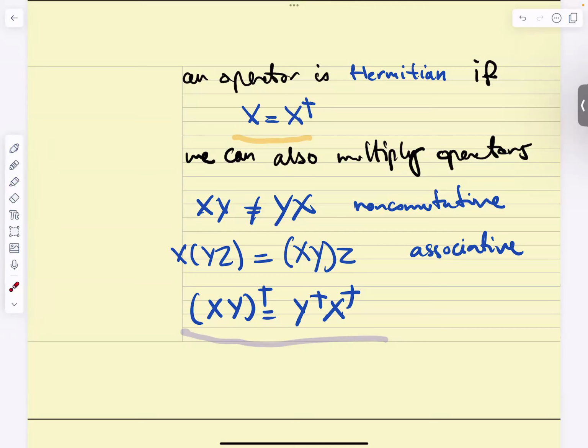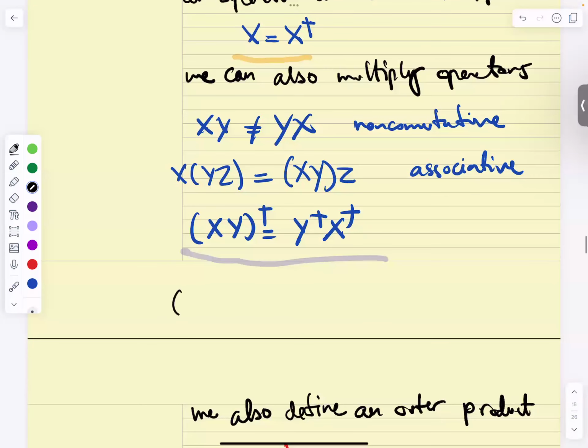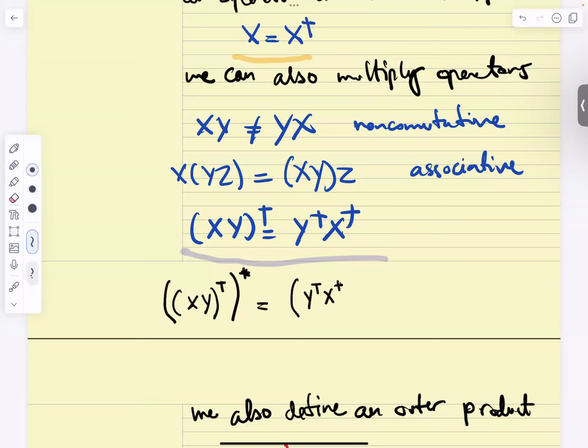That XY dagger, the whole thing dagger, is like Y dagger X dagger. Actually, can you guys see why this is true? Let me just do it. So as a matrix, what is this? This is XY dagger. I said it is transpose followed by complex conjugation. This means complex conjugation for every element. So transpose, you could check that this is Y transpose X transpose.